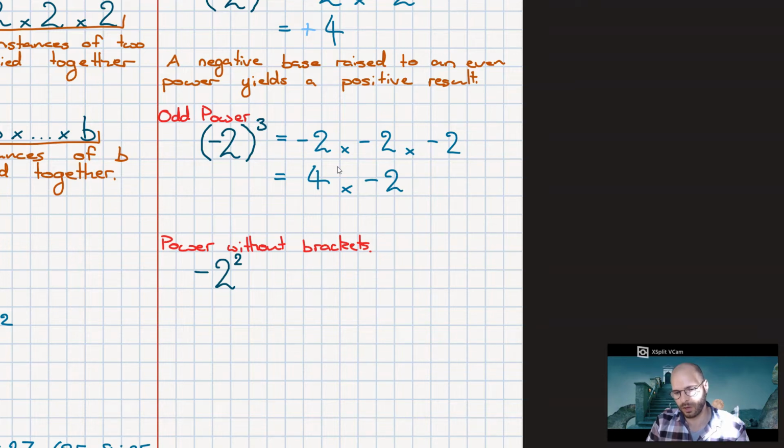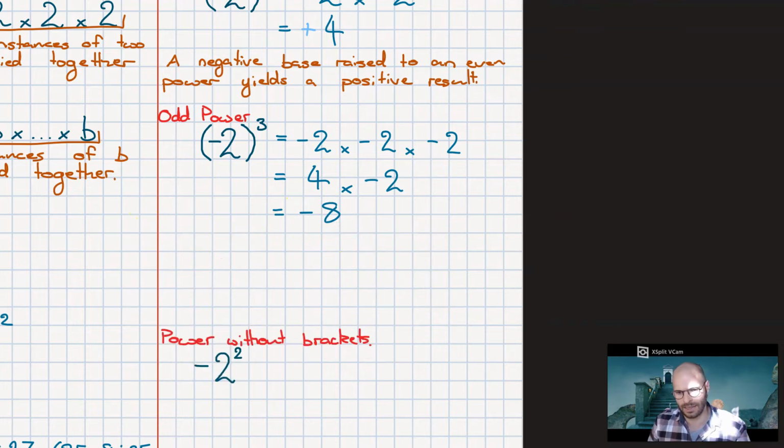And because we've got a positive number multiplied with a negative number, it will yield a result of -8. So what we indeed find is that a negative base raised to an odd power yields a negative result.